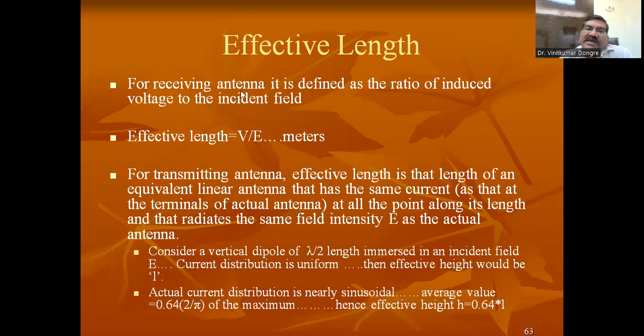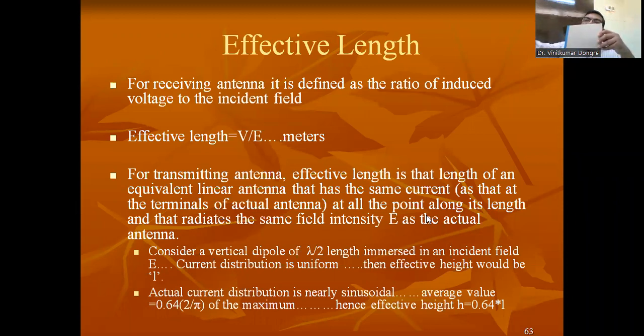For the receiving antenna, the effective length is defined as the ratio of induced voltage to the incident field. What does it mean? Consider any antenna, a receiving antenna.